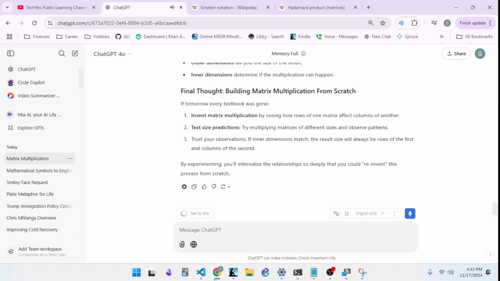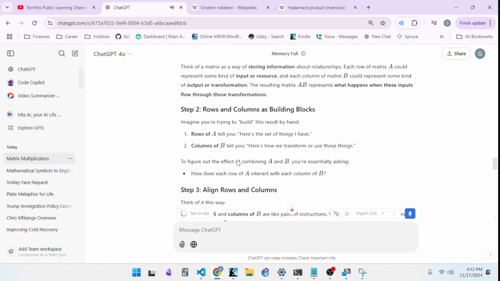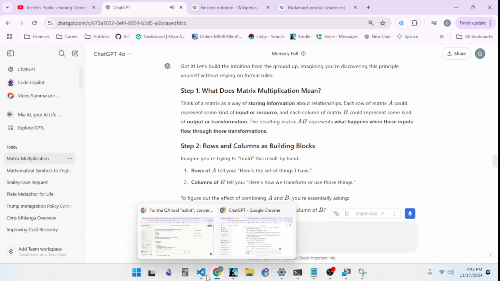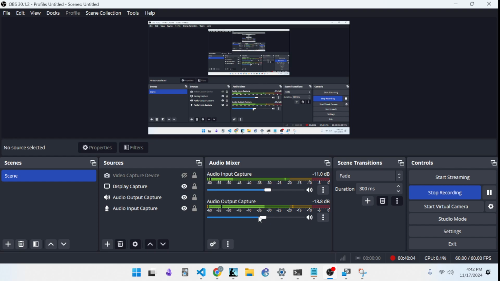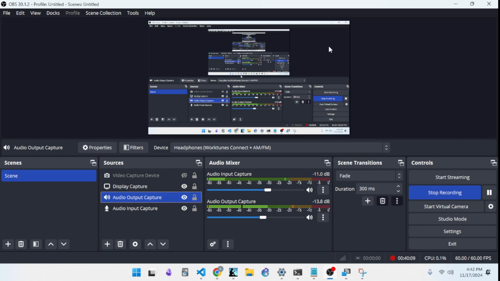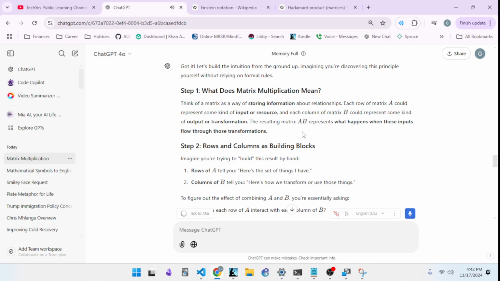Got it. Let's build the intuition from the ground up, imagining you're discovering this principle yourself without relying on formal rules. Step 1. What does matrix multiplication mean? Think of a matrix as a way of storing information about relationships. Each row of matrix A could represent some kind of input or resource, and each column of matrix B could represent some kind of output or transformation.